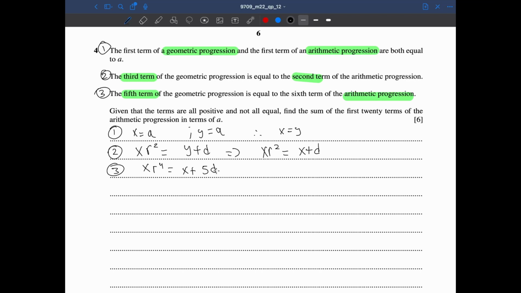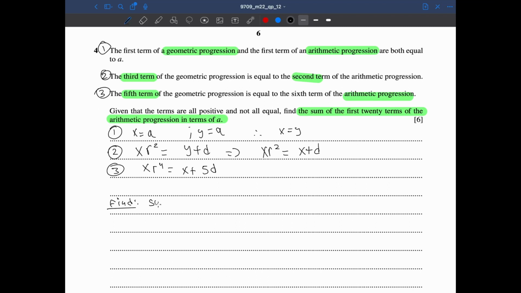Okay. Given that the terms are all positive and not all equal, find the sum of the first 20 terms of the arithmetic progression in terms of a. So that's what we should find. Okay, so first, let's identify what we need to find.